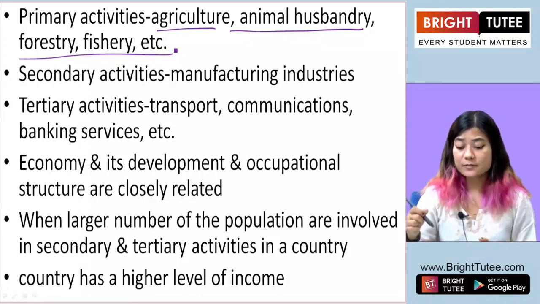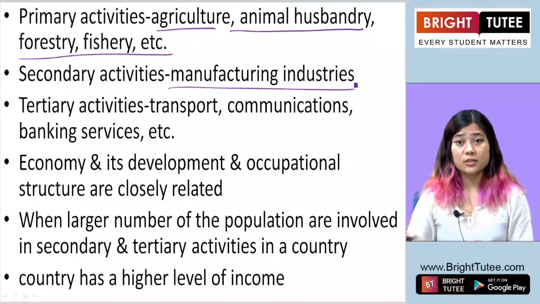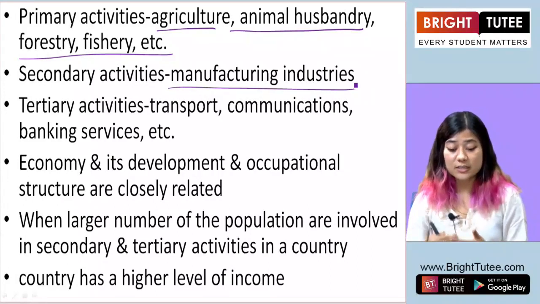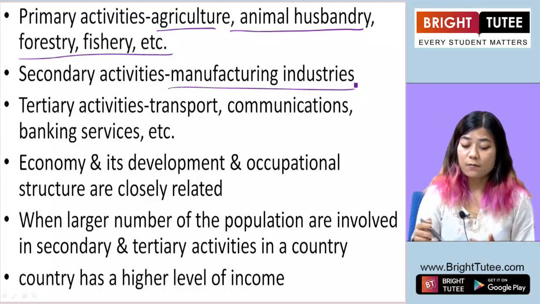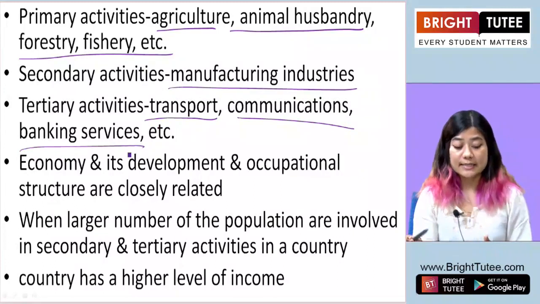The secondary activities are mainly to do with manufacturing industries, the manufacture of goods through industries, factories, etc. The tertiary activities involve transport, communication, banking services, etc.